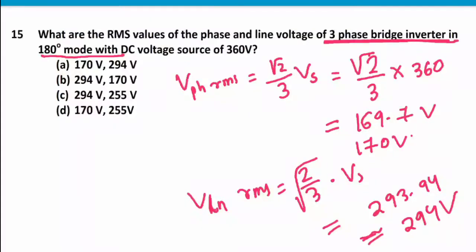So here the answer is 170, 294. Option A is the correct answer, because it asks for phase and line respectively. So this will be the answer.